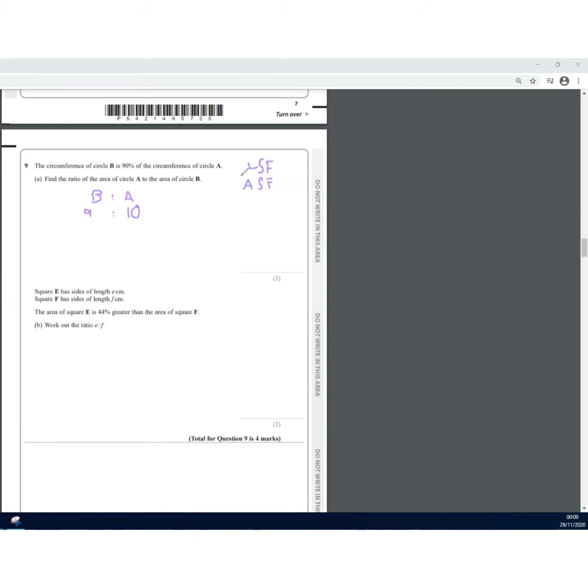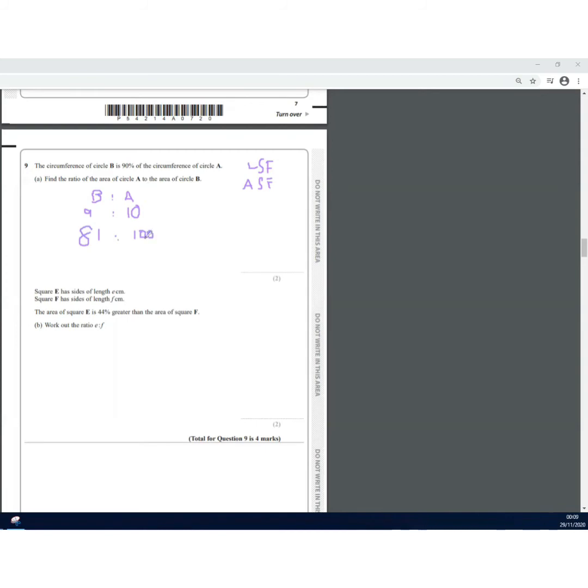And as we said, the LSF, which is the linear scale factor, is given. Because we are finding the area scale factor, I'll have to square the given ratio. So if I square 9, that will give us 81. And if I square 10, that will give us 100.